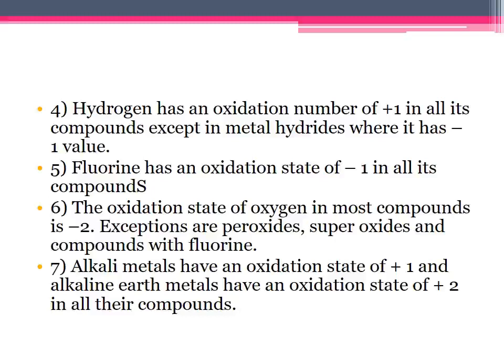In the third example, I already told you, if there is nothing in the power, then you have to write 0. If there is something in the power, you write that value. So 2X equals minus 1, so X is equal to minus 1 by 2. So X is the value of oxygen. You can tell that the oxidation number of oxygen in potassium dioxide is minus 1 by 2.